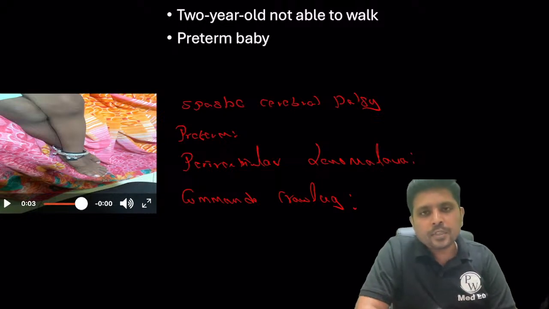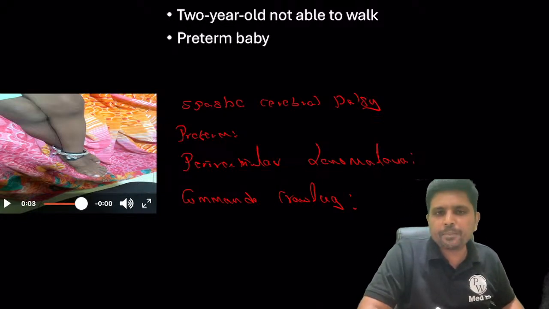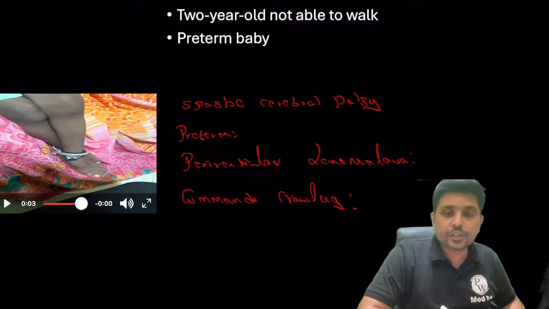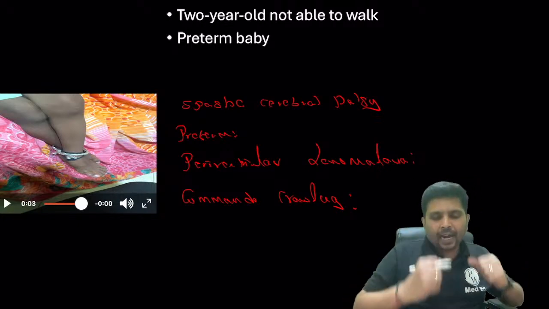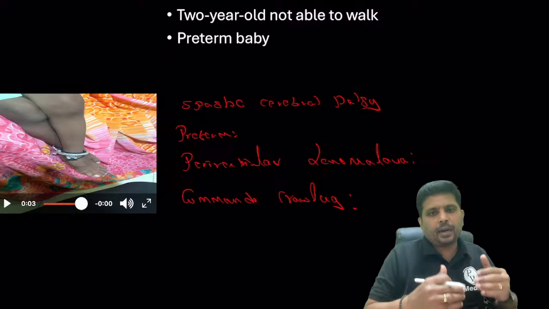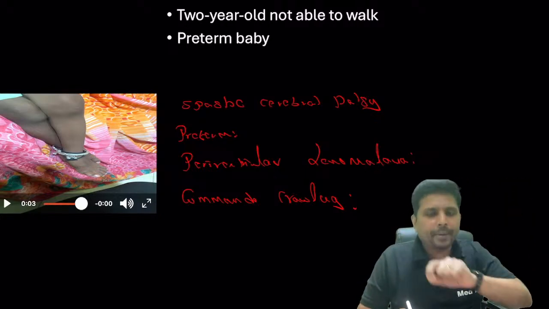So this scissoring gait, spastic cerebral palsy occurs in preterm, and the underlying CT scan finding is periventricular leukomalacia. And this is called commando crawl, when the child is able to drag the entire lower limb and abdomen with the help of the relatively spared, normal upper limb.